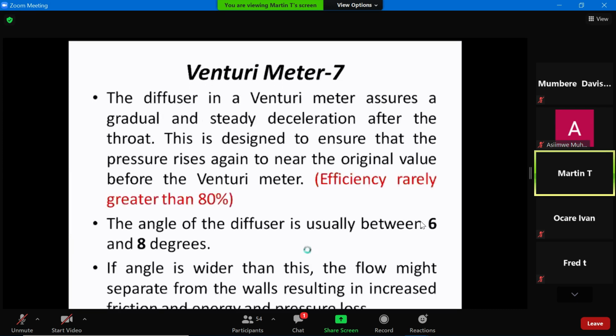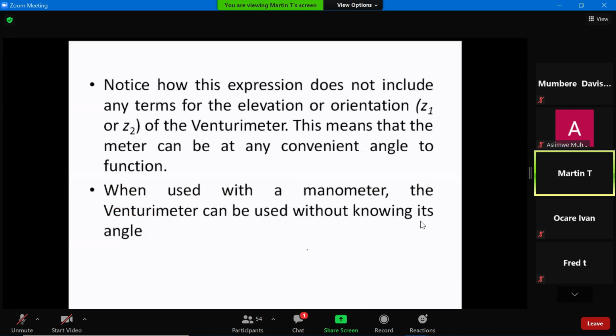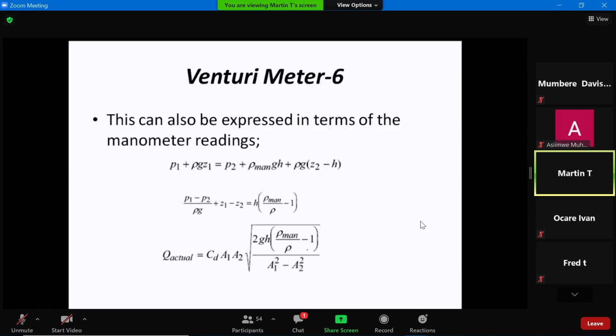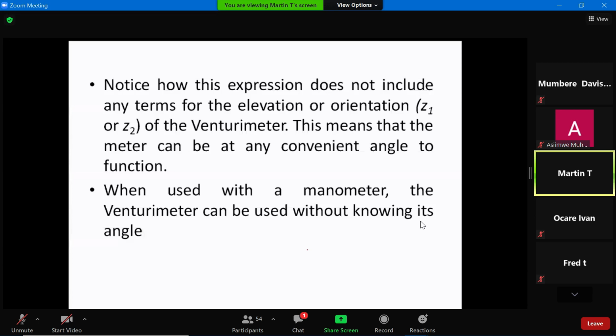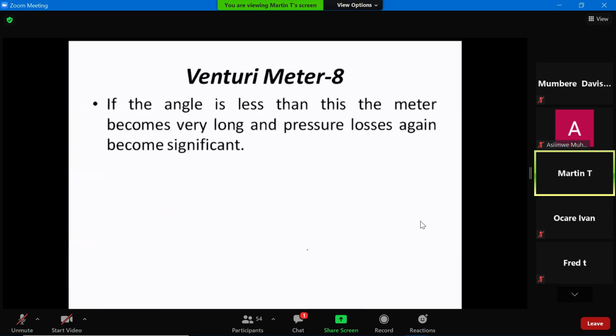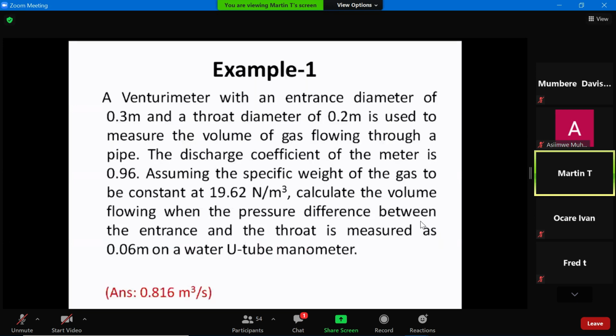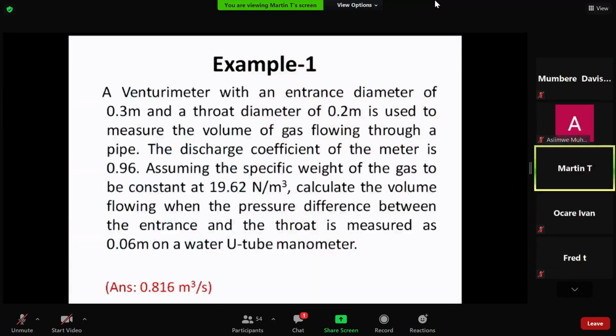Good. If there's no question, you'll do that in your free time and see if you can get that answer, 0.816. And I think in the assignment that I gave, you have a number on the venturimeter, which you should do now.